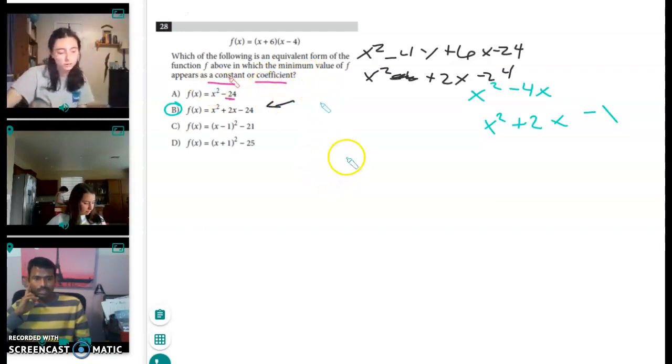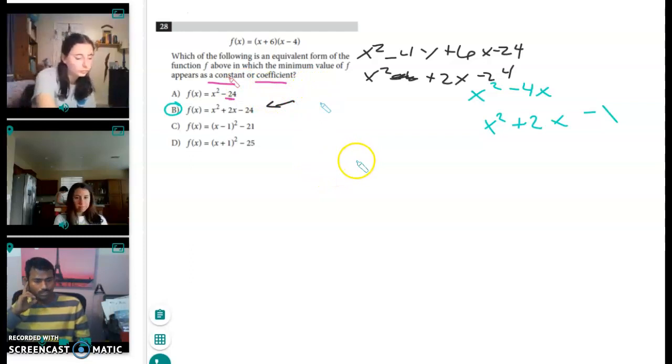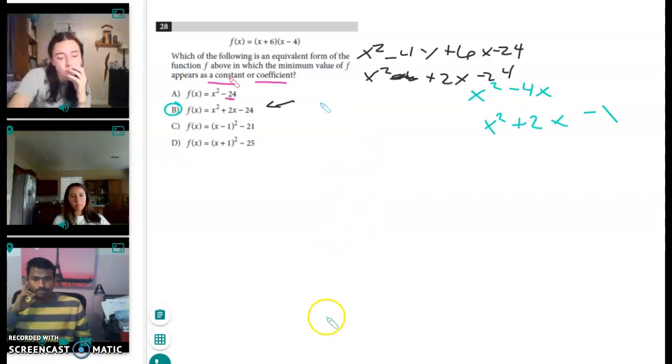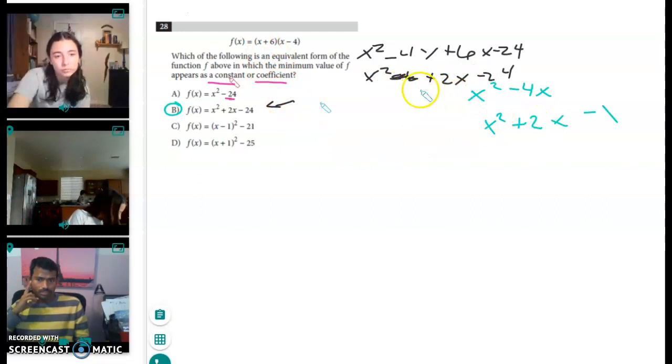So whenever you need the minimum as a constant or a coefficient, what you need to do is write it in vertex form. Right now, since you have this one, obviously x squared plus 2x minus 24.